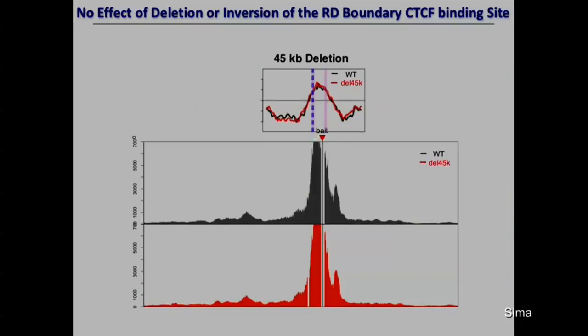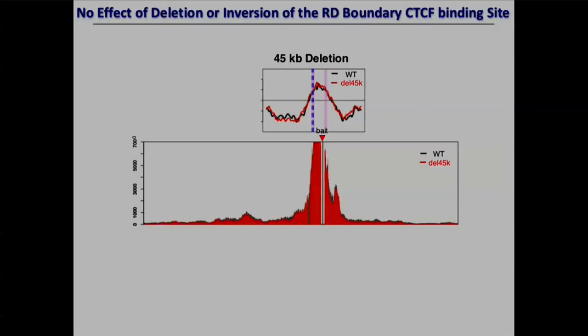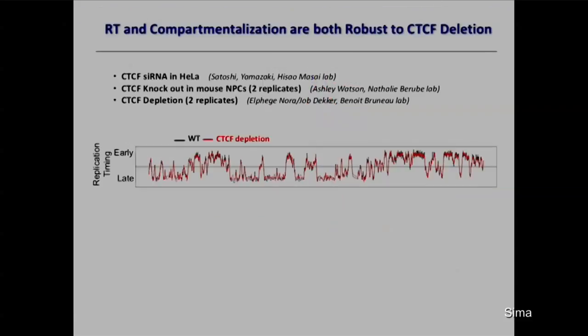We used 4C with a bait inside the Dppa domain to see the structural changes upon 45 kb deletion at the boundary. The black is the wild type, red is the 45 kb deletion. If you overlay them, they're almost identical, suggesting that deleting those 45 kb does not alter the structure of this domain either.